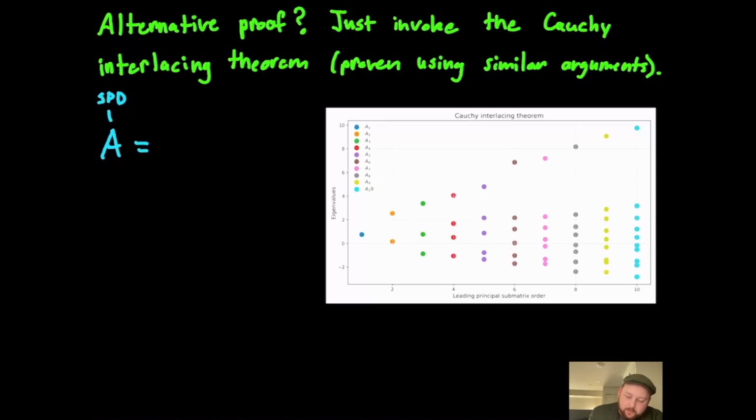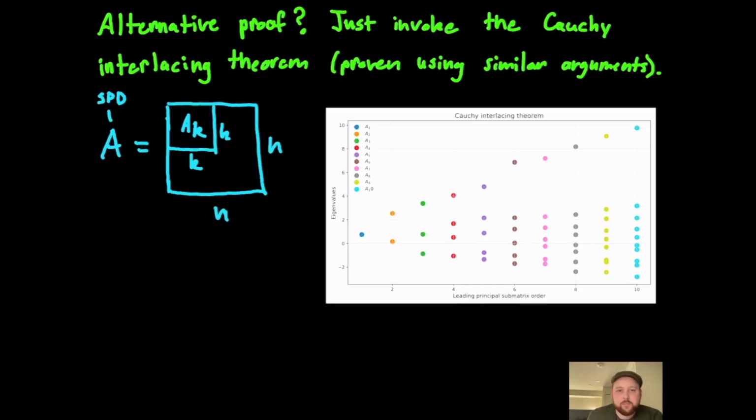But if I have a symmetric matrix A, and I have a matrix I'm going to call AK, which is what we're talking about, these leading principal submatrices of dimension k by k. Remember, A itself is dimension n by n.